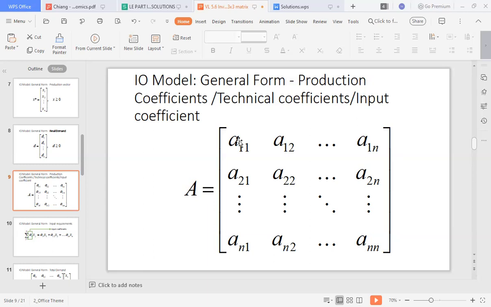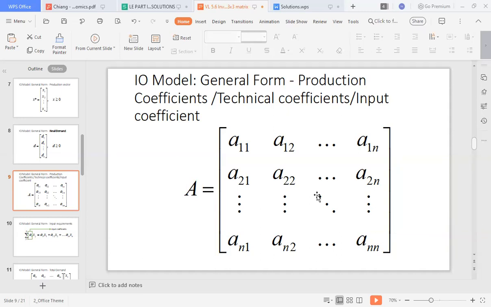Now, what is not possible in arriving at this technical coefficient matrix is a negative value. Arriving at a negative technical coefficient would mean that it is not economically feasible. So when building the coefficient matrix later on, you can arrive at either a positive value or a zero value.